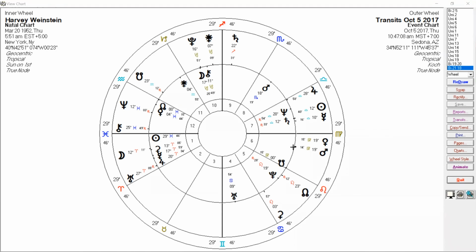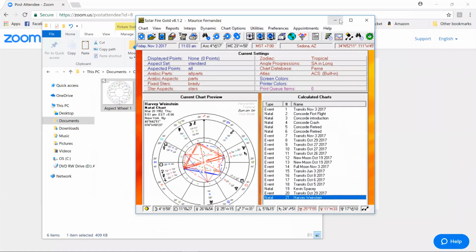And importantly, what I'm trying to convey here is that aspects are a whole relationship complex between planets.